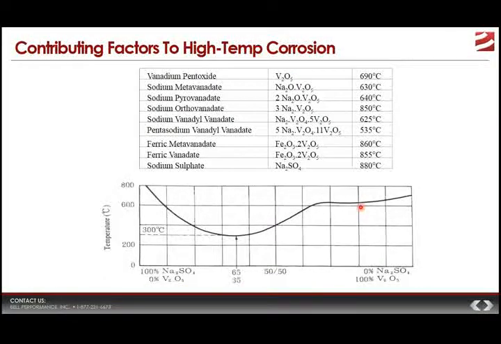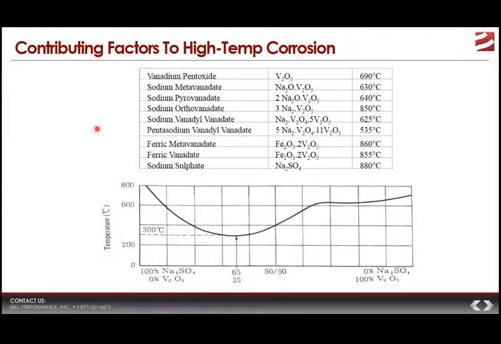So all fuel oil, because it comes from crude, contains inorganics like sodium, calcium, iron, sulfur, and most importantly, vanadium. In fact, vanadium, sodium, and sulfur are probably the three most important ones for this discussion. Now, when that fuel gets burned, when it undergoes combustion, those inorganics get oxidized.